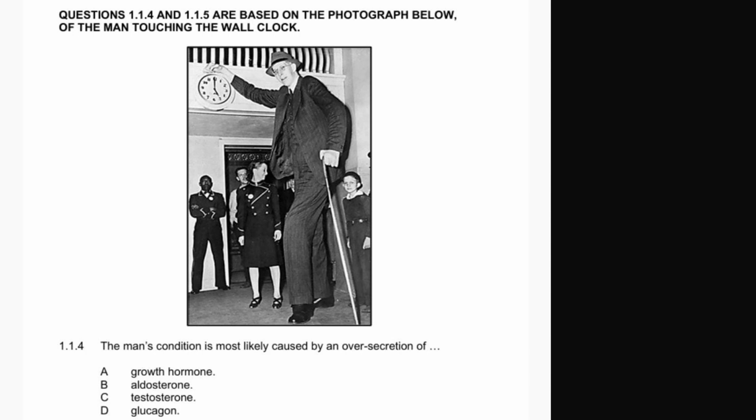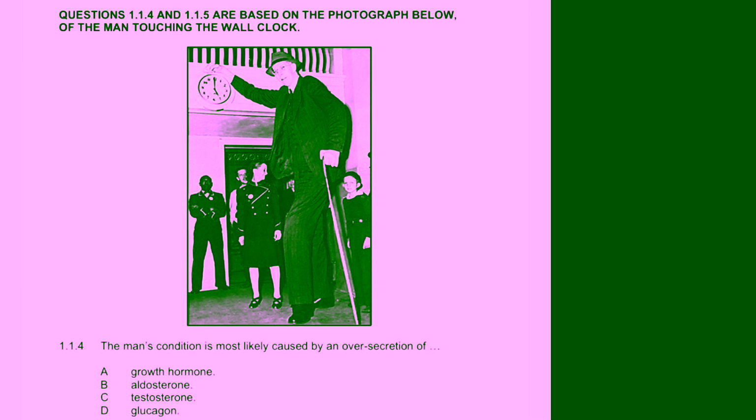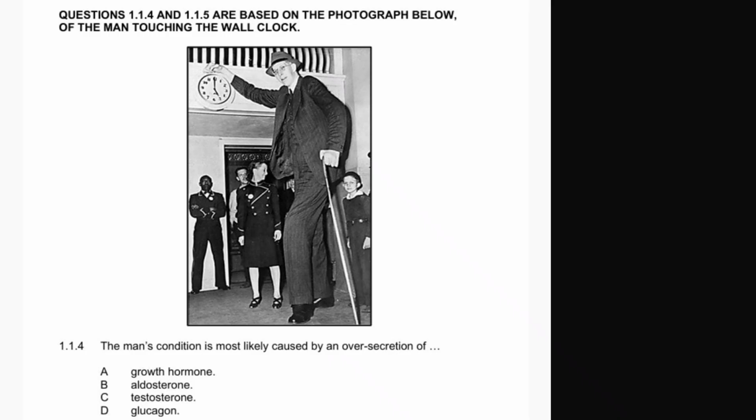Right. Therefore, now 1.1, the questions 1.1.4 and 1.1.5 are based on the photograph below of the man touching the wall. Therefore, now question 1.1.4 says that the man's condition is most likely caused by an over-secretion of what we call a growth hormone.